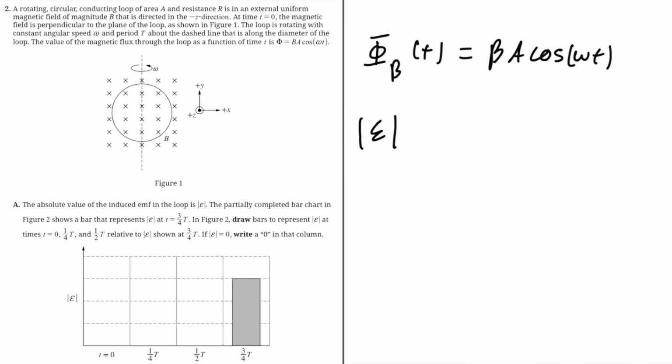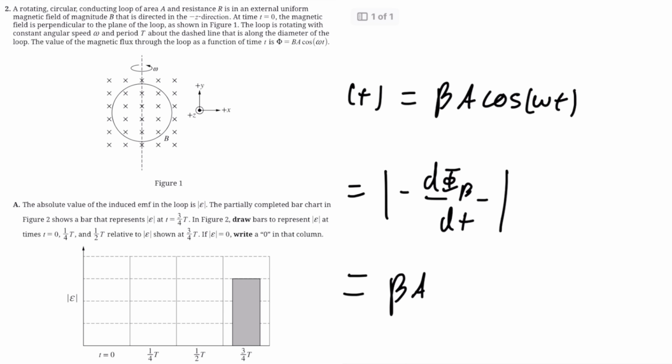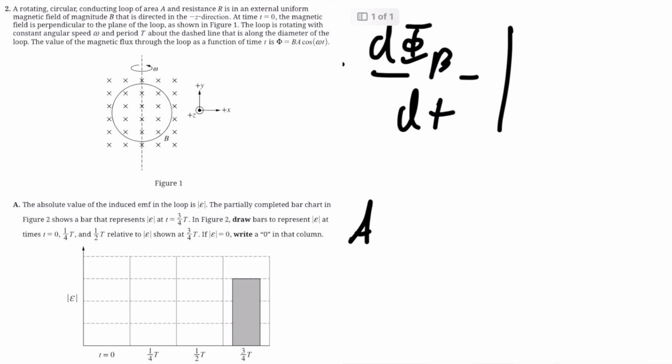And if you recall, this is Faraday's law. The absolute value is the absolute value of the negative derivative of flux with respect to time. So let's take the derivative of flux with respect to time. That's BA, because constants go along for the ride. And the negative doesn't matter, because the derivative of cosine is technically negative, but it doesn't matter because we have the absolute value symbol.